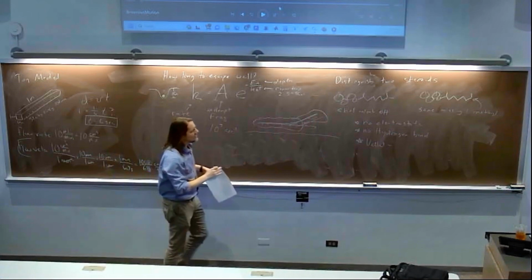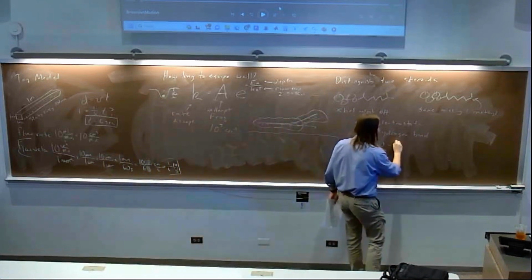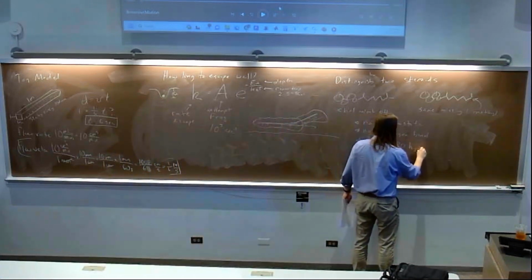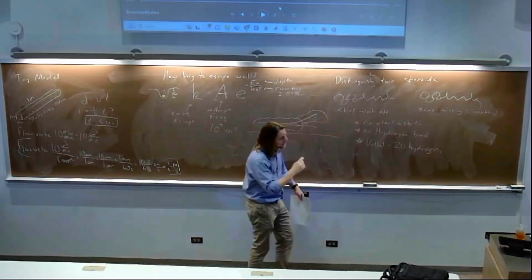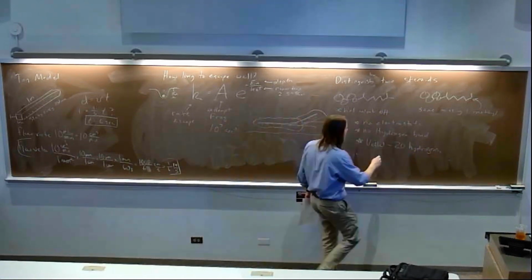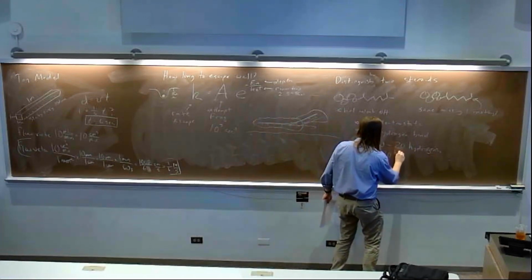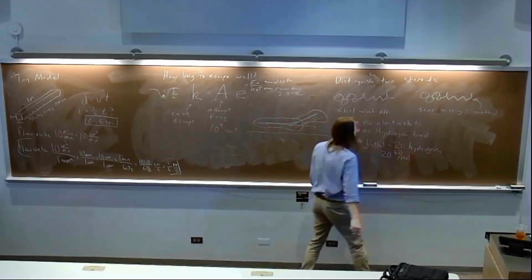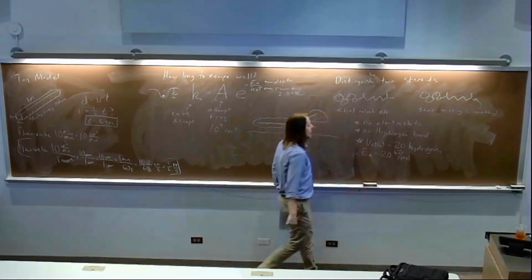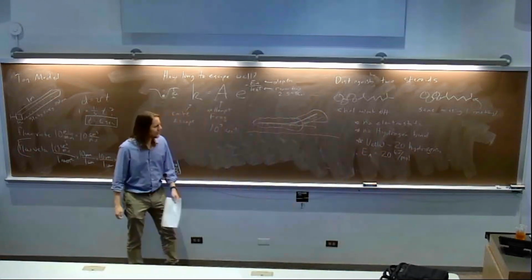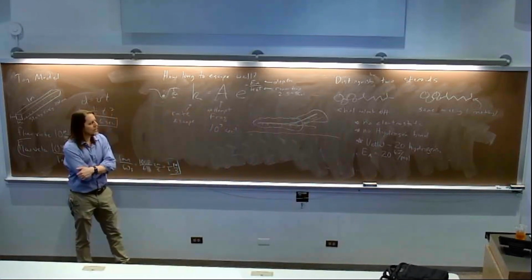So let's call it 20 hydrogens. Since each one is roughly 1 kilojoule per mole, let's call this 20 kilojoules per mole. So there is our well depth, our activation energy, if we want to use the term. We'll see what that does with the toy model.